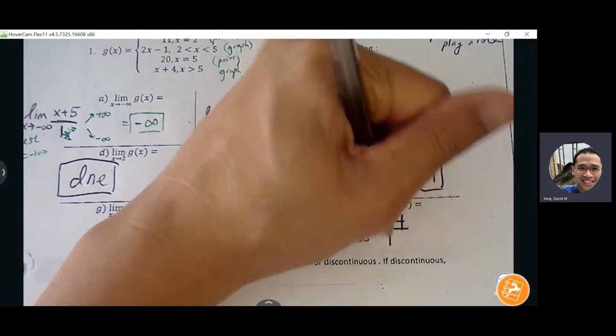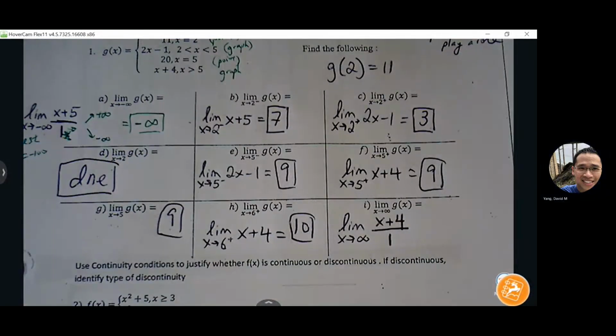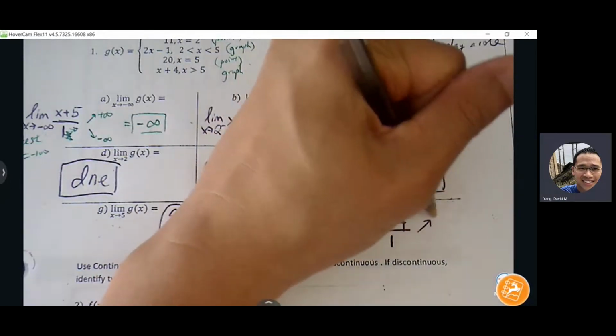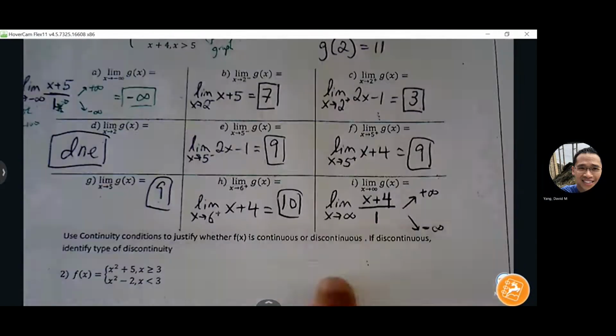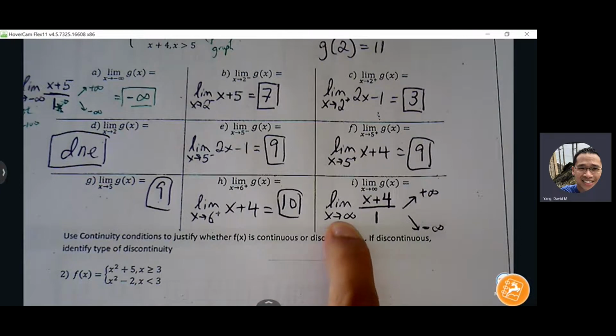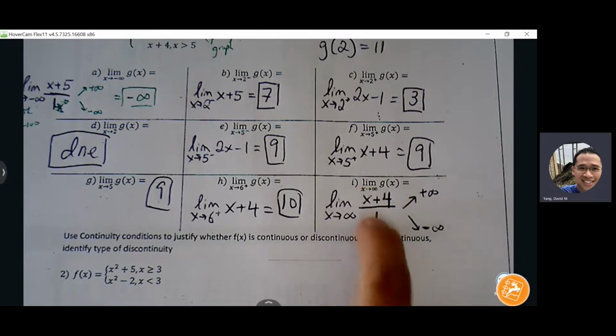If we don't see a denominator, we can always put a 1 there. Okay, we compare degrees. Which side is going to win out? Numerator, which means that there is no limit. However, we have two choices to choose from, either positive or negative infinity. What's our test point? 100. We get a positive over a positive.